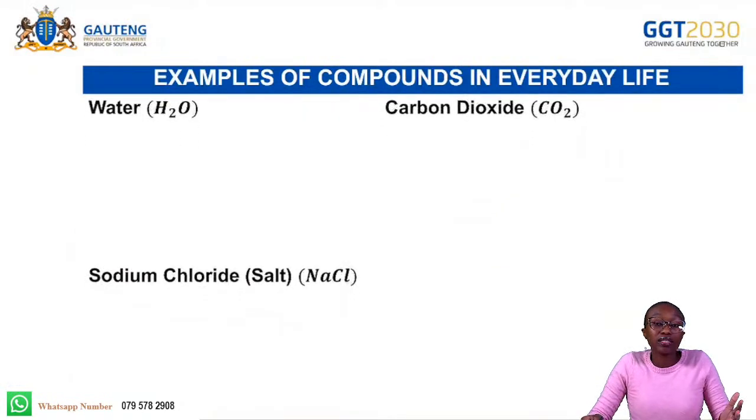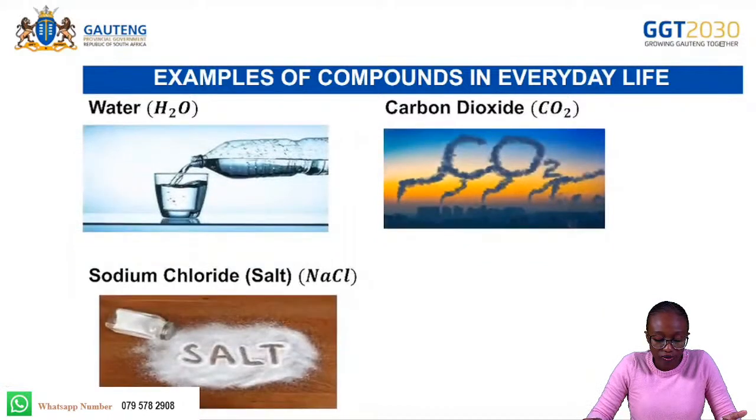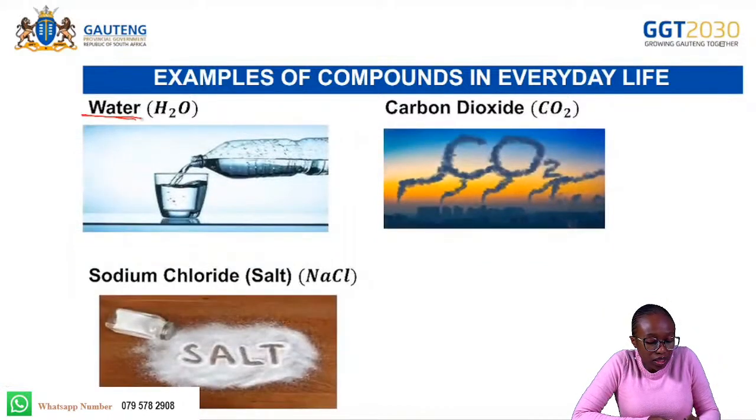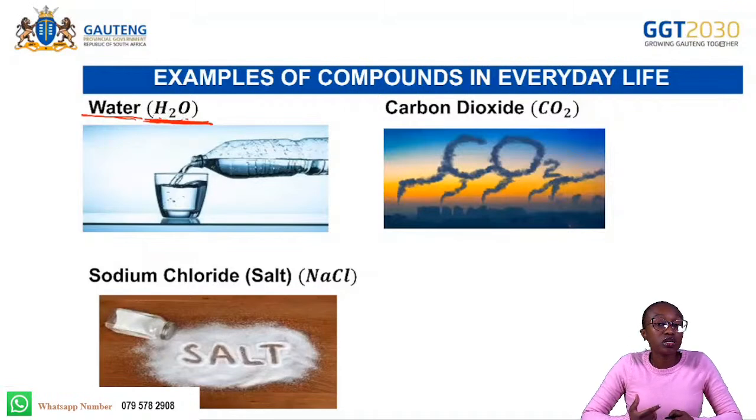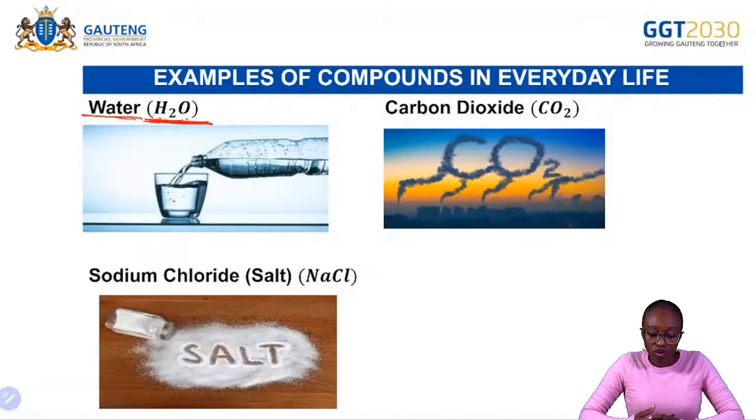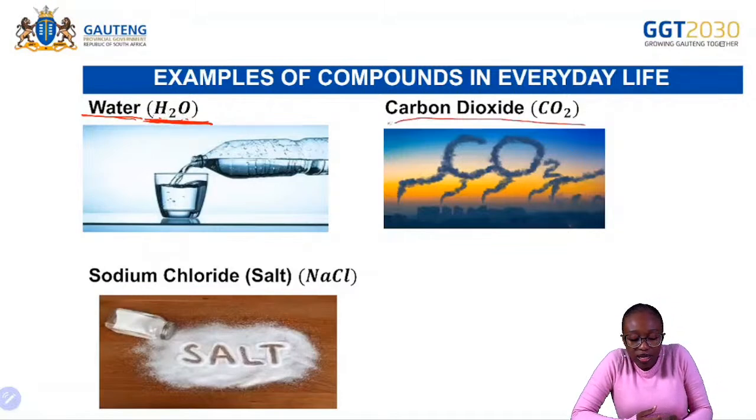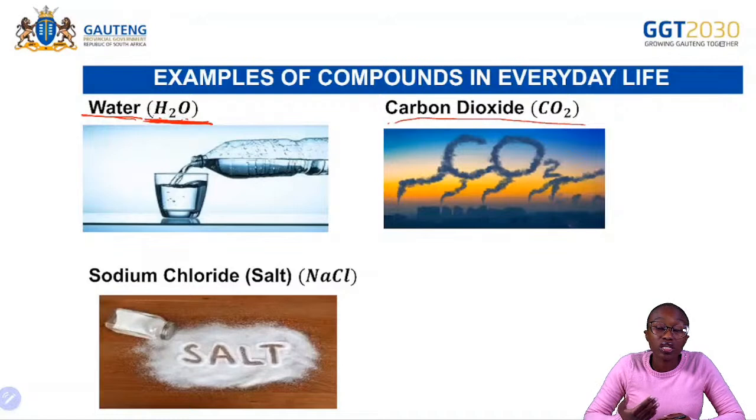So here are examples of these compounds in real life. Water, the chemical formula for water is H2O, which tells us which elements are found in that compound. We know what water is. We drink water, we use it to cook, to wash, and to do a lot of things. Carbon dioxide is one of the gases found in the atmosphere. Remember when we were learning about the requirements for photosynthesis, carbon dioxide was one of them.